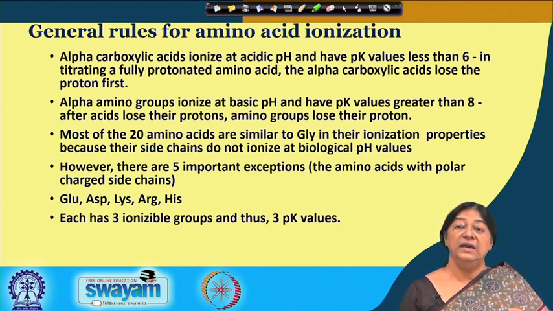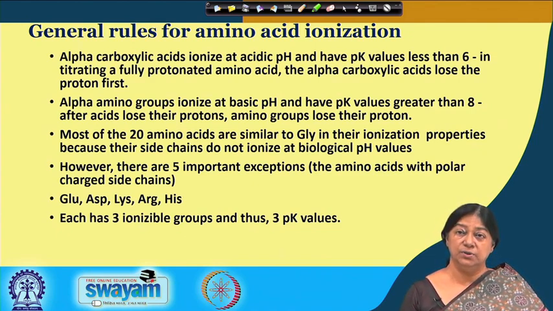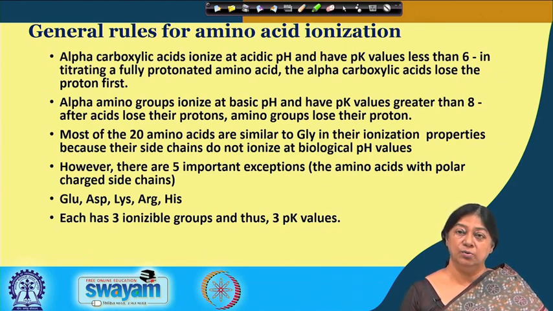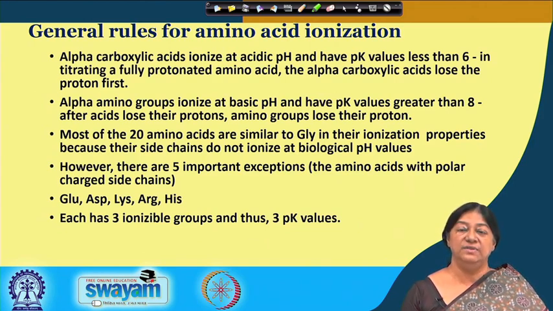Then, if we do not have an ionizable group present in the R side chain, what is going to happen? The proton associated with the amino group is finally going to dissociate, and we are going to have a negatively charged amino acid.